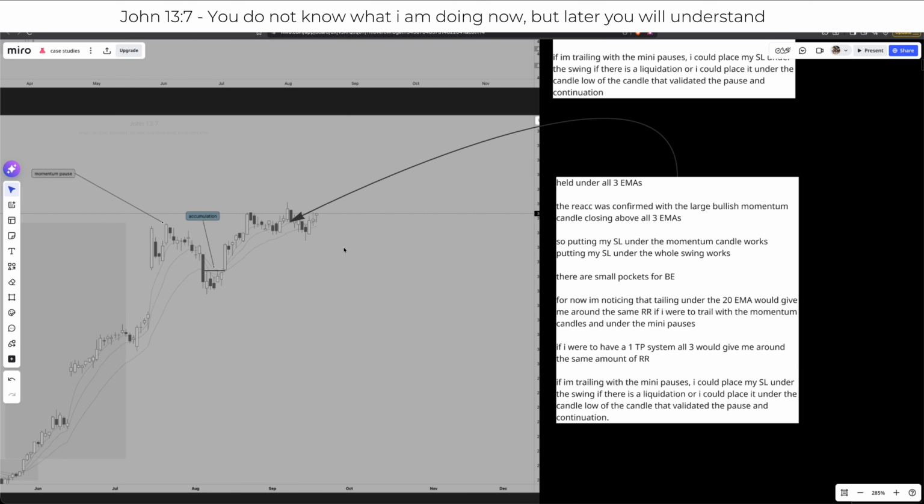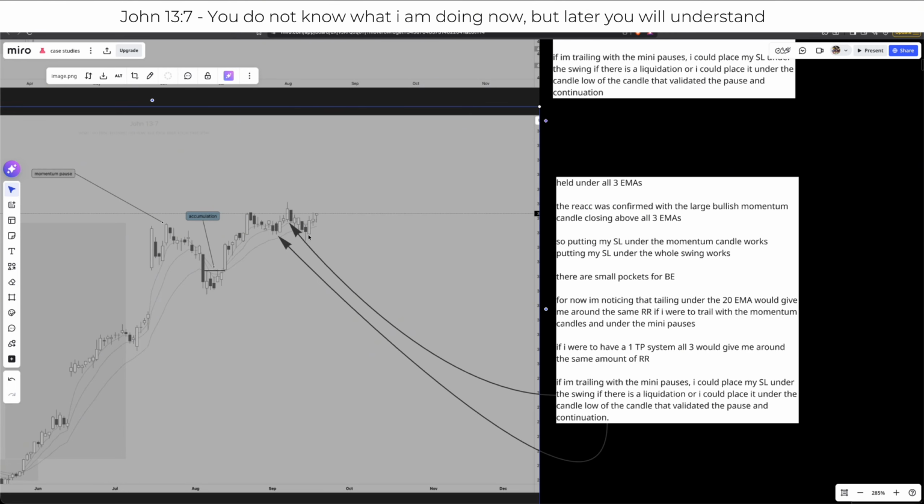So that would give me more RR than this. Okay. So I would get more RR here than I would placing my stop here. I would get less RR with a 20 EMA close.